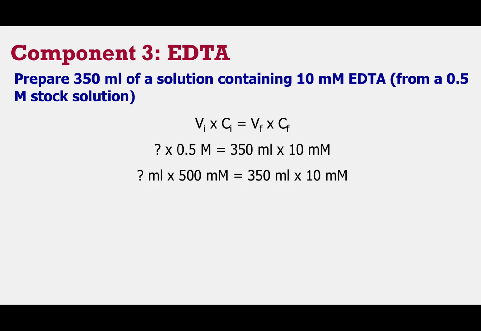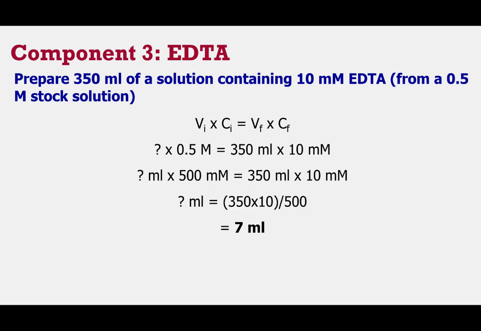And now I know, because these are the same concentration units on both sides, my unknown volume unit is now going to be millilitres, because it matches the volume on the right hand side. So my unknown in millilitres is going to be 350 times 10 divided by 500, which is 7 millilitres.